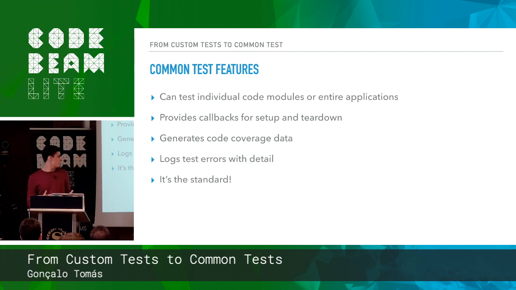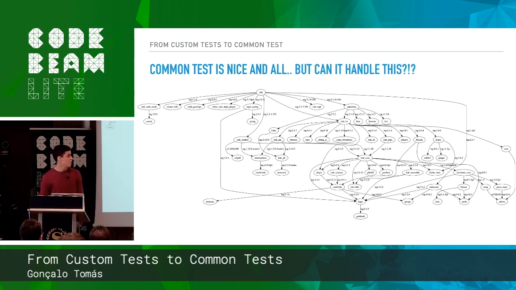And above all, it's also the standard for Erlang development. You see this a lot. Unless it's a library that doesn't have state, you typically see only Common Test suites for testing.